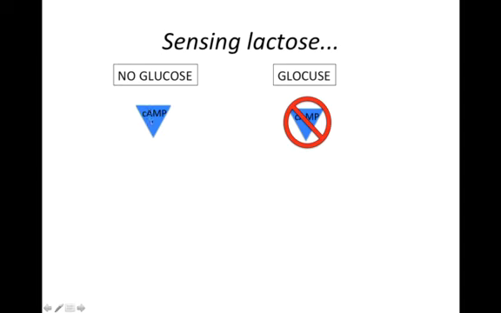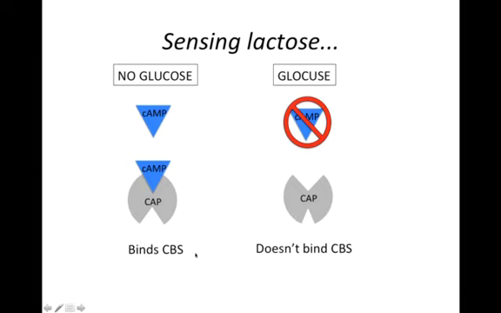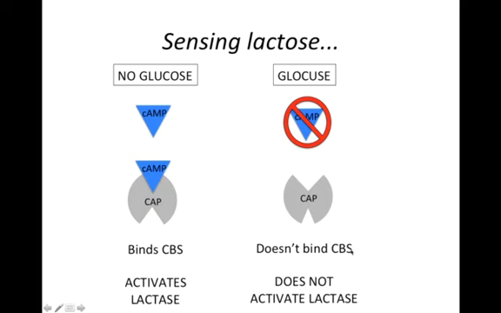When there's no glucose, we do have cyclic AMP, and when there is glucose, sorry about that misspelling, we do not have cyclic AMP. Cyclic AMP either binds or does not bind to CAP, which either leads to binding to the CAP binding site or not binding to the CAP binding site, which either activates lactase or does not activate lactase.